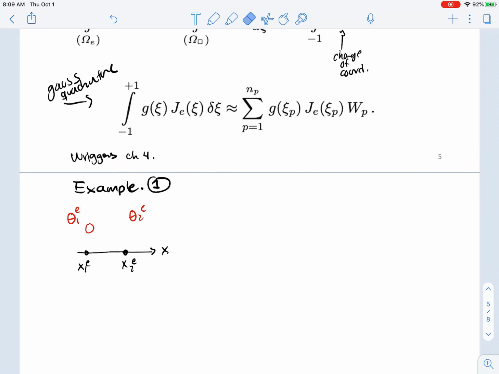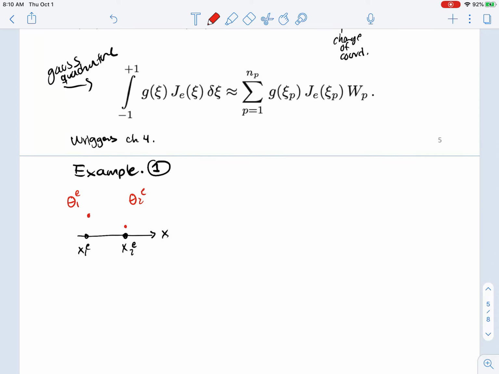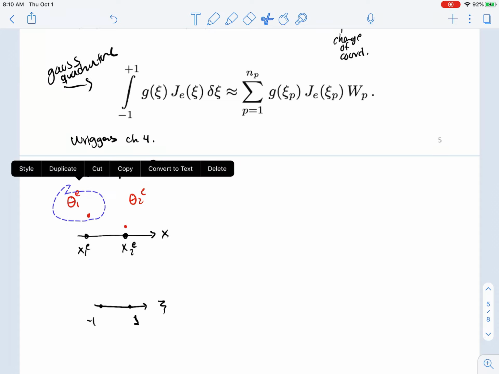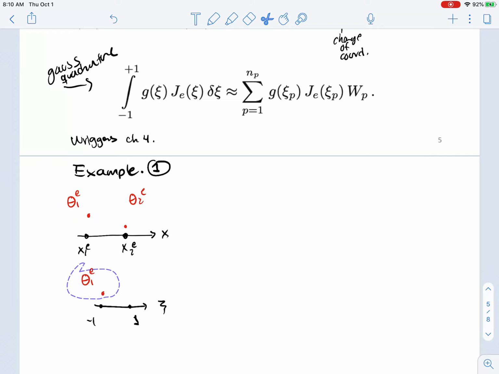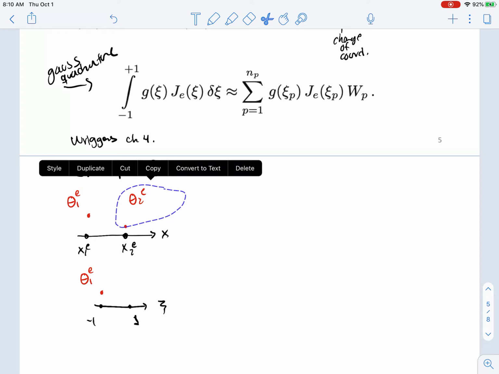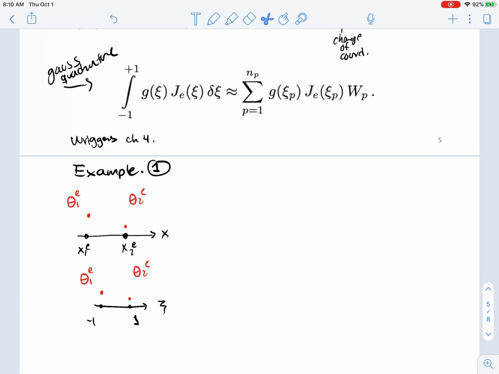So let's make it actually a function. That will be example one. Let's say we have something like this. And then we have our parent domain that goes from -1 to 1, and we can always just copy paste these values.